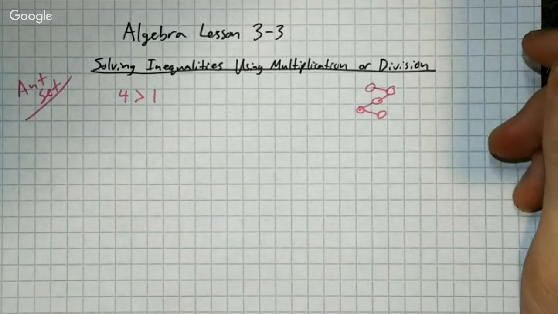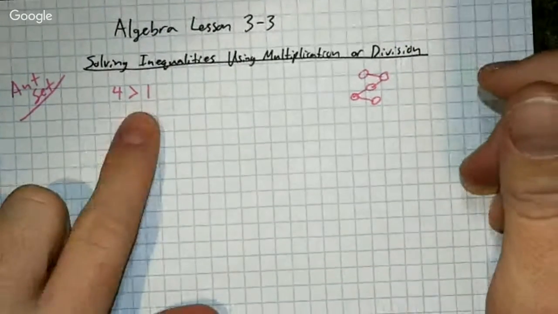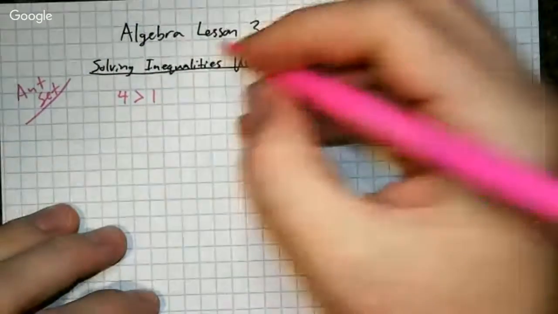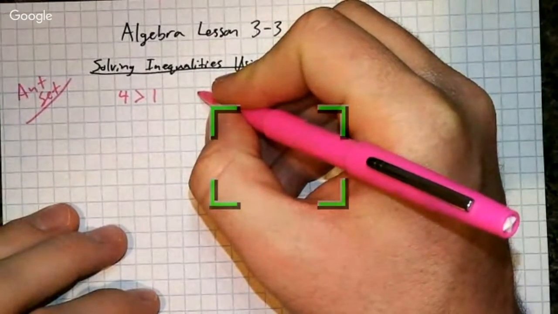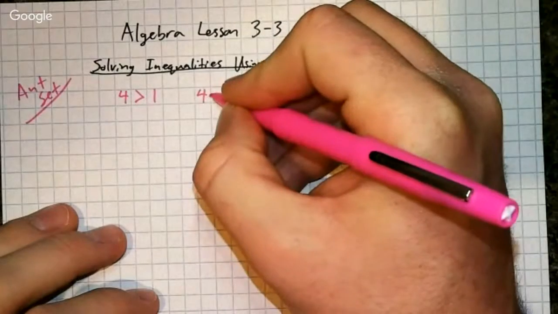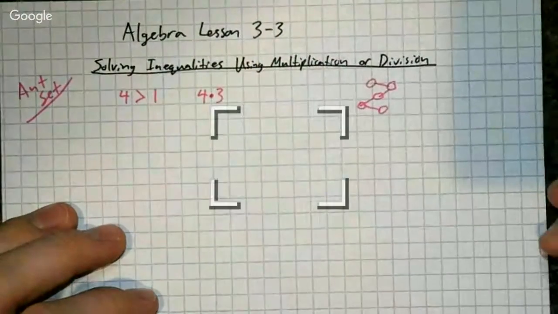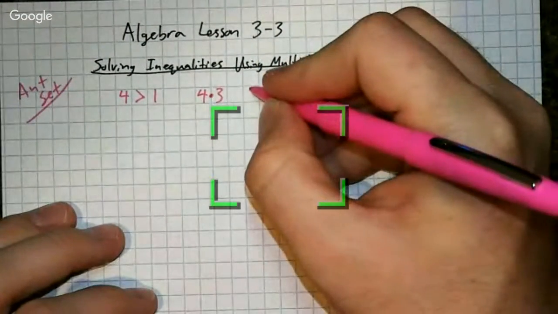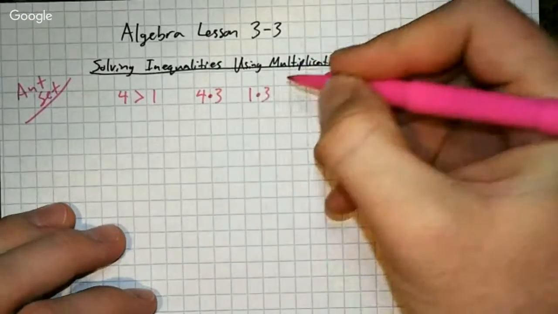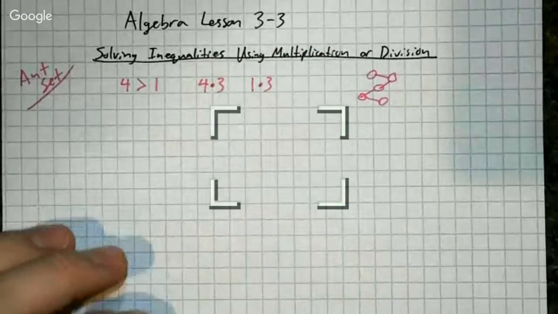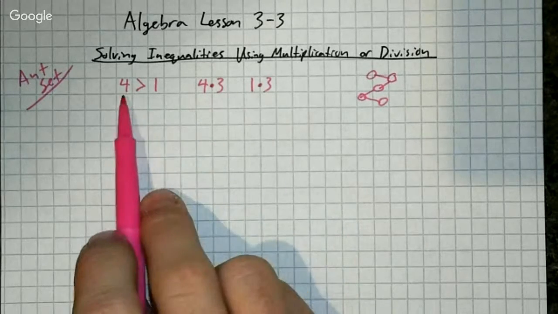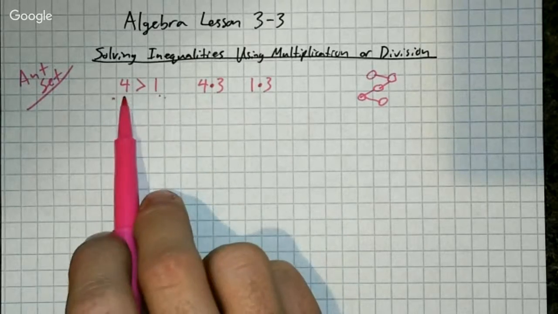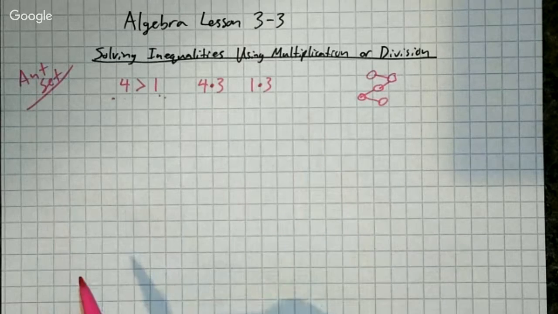Okay, so let's start, and we're going to multiply each of these, and we're going to see what it looks like, okay? So let's say 4 times 3, and on this side we're going to have 1 times 3. I think, again, all of us can understand which way it's going to be. So right now, we've taken the two numbers that we had here, and we multiplied them by the same number.